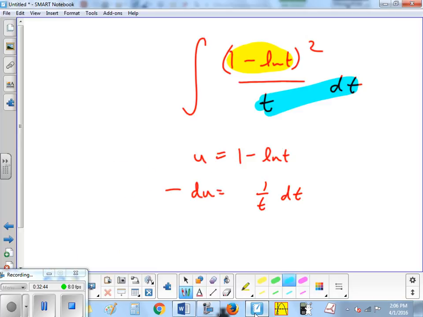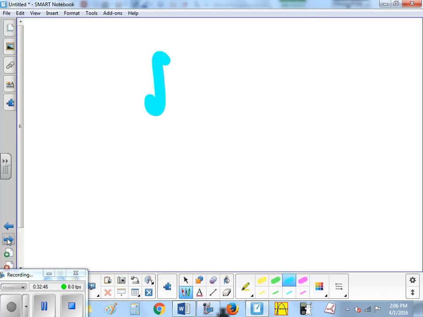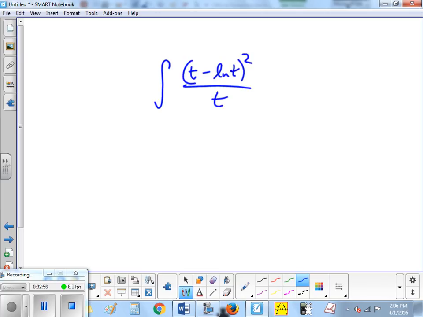So in other words, the problem looks like this. What if it was t minus ln t squared all over t? We can still do this problem, but can we make the u t minus ln t? What do you guys think? Can we let the inside be our u again?